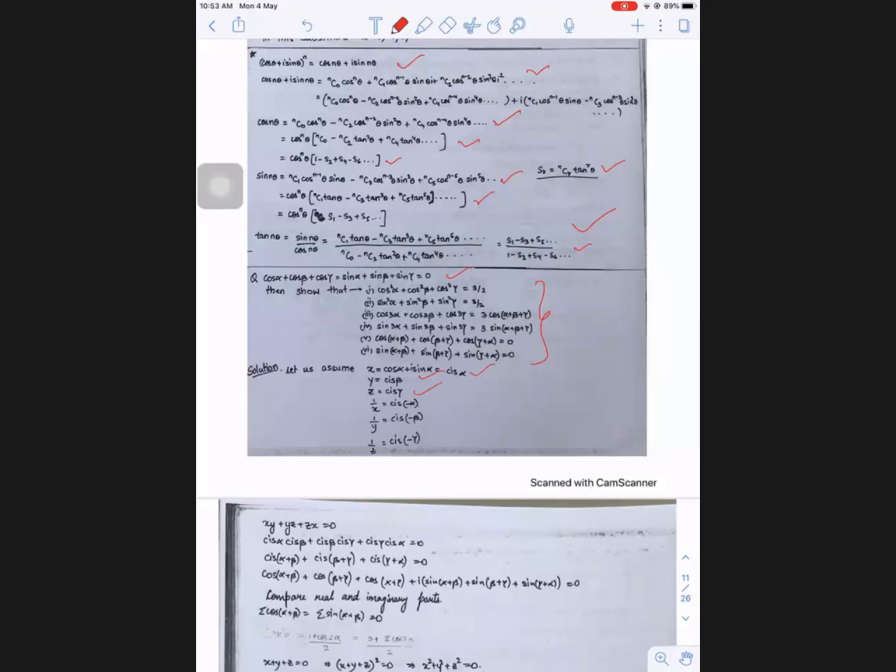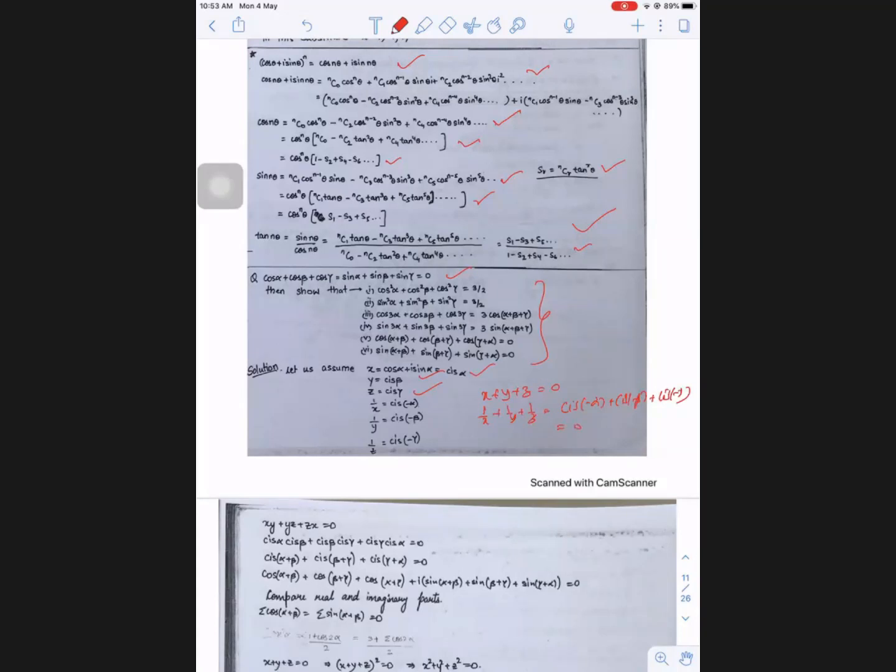What is given is x plus y plus z equal to 0. And not only that, 1 by x plus 1 by y plus 1 by z: we know if x is cis alpha, then 1 by x is cis minus alpha, plus cis minus beta plus cis minus gamma.